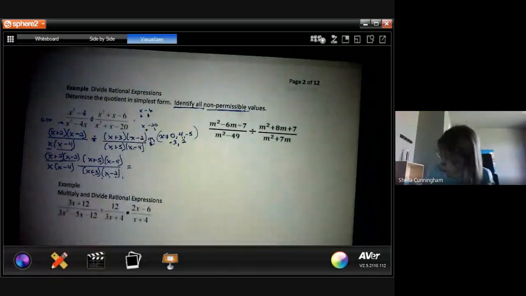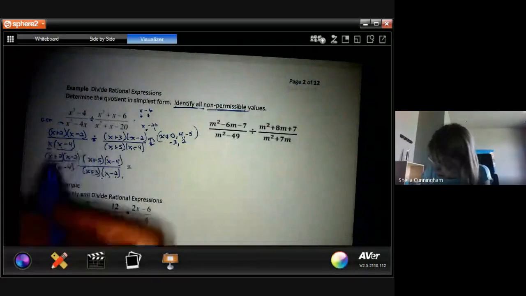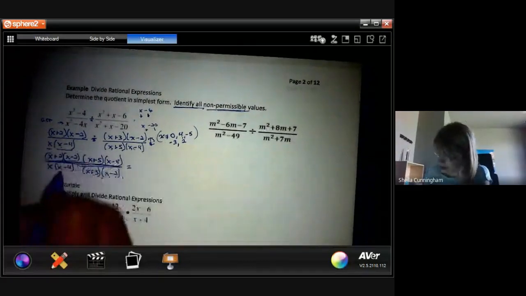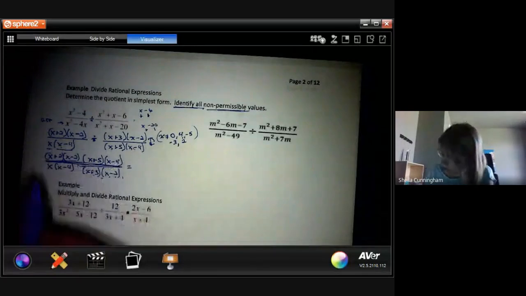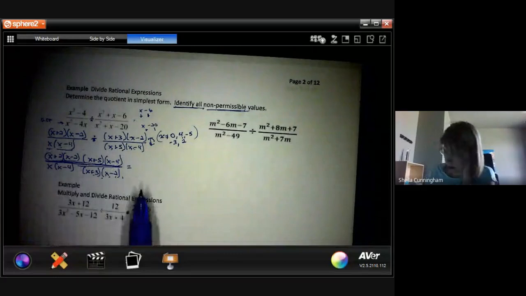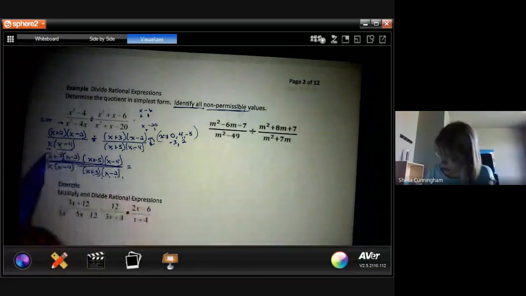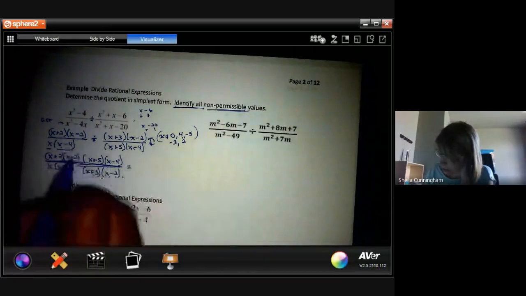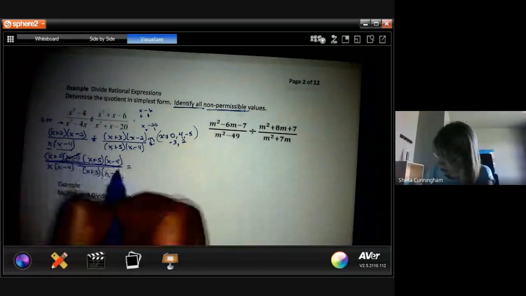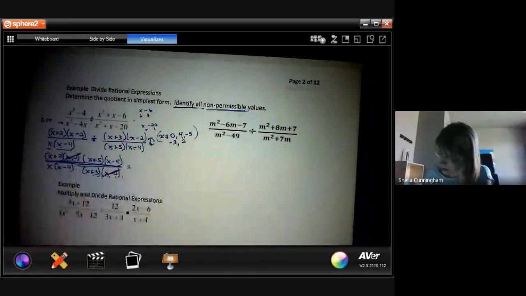Okay, so now that we've got these and we're multiplying them, technically these are all getting multiplied together in the numerator and these are all in the denominator. Once you've got it to that stage, you're back to canceling out what you can. So you go across an x plus 2. I don't have any x plus 2s. I've got an x minus 2, both top and bottom, so I'm going to cancel them out.